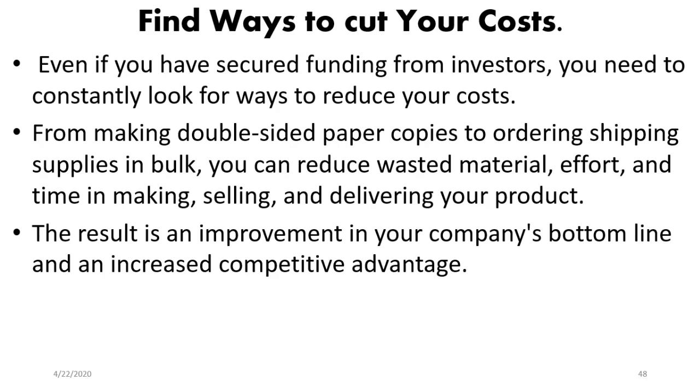Please, it's very important. From making double-sided paper copies to buying shipping supplies in bulk, you can reduce wasted materials. These are some of the areas you can adopt to reduce costs. The result is an improvement in your company's bottom line at the end of the day.